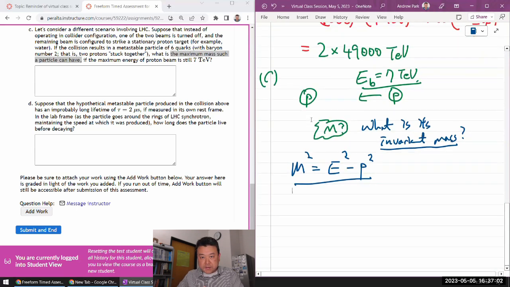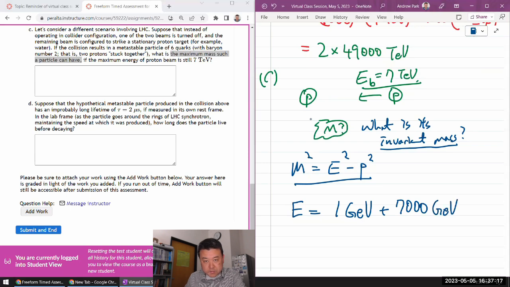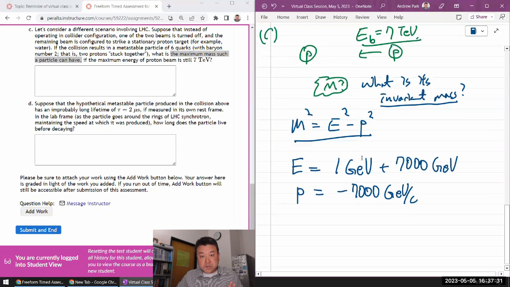So in my lab frame, I have my total E equal to the proton rest energy 1 GeV plus the beam energy 7,000 GeV, or 7 TeV. So it's basically 7,001 GeV, and the momentum is now going to be minus 7,000 GeV per c. So I can plug in the numbers here.